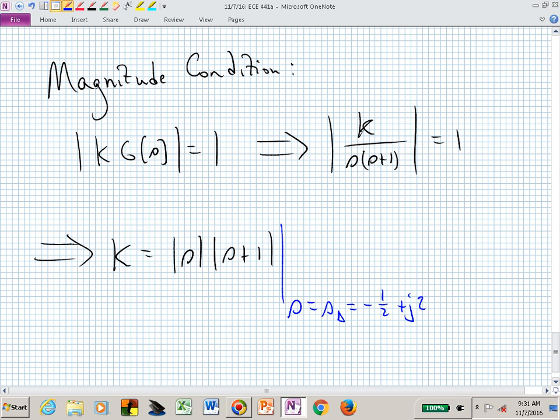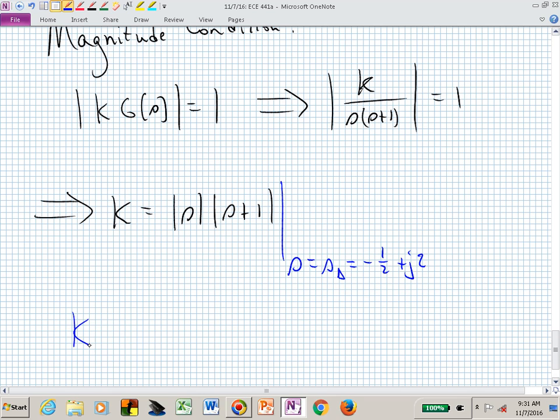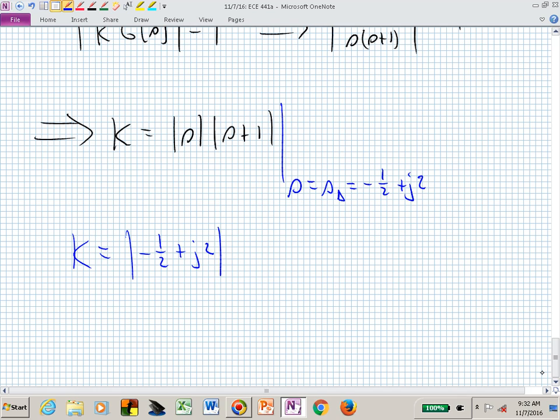Let's be positive this morning. Start the week off right. Which means what? Now we simply replace s with minus 1/2 plus j2 in that formula, and we now have the magnitude of minus 1/2 plus j2, and we multiply that by the magnitude of s plus 1, which is minus 1/2 plus j2 plus 1.